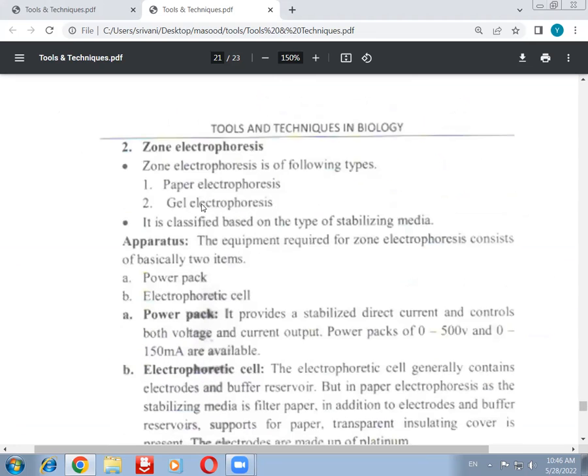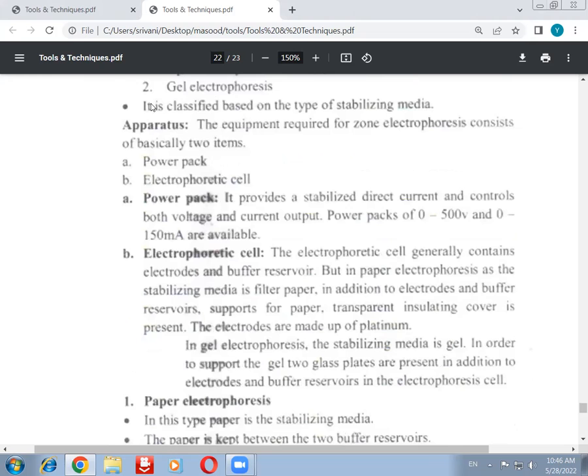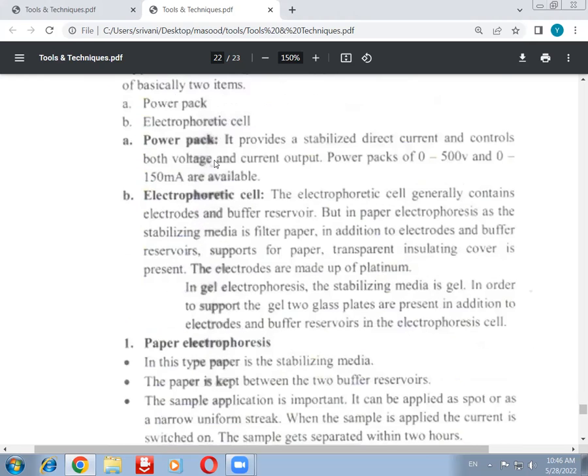Zone electrophoresis is of two types: paper electrophoresis and gel electrophoresis. The apparatus required for zone electrophoresis consists basically of two parts: the power pack and electrophoretic cells. Power pack means it provides a stabilized direct current, controlling both voltage and current output.